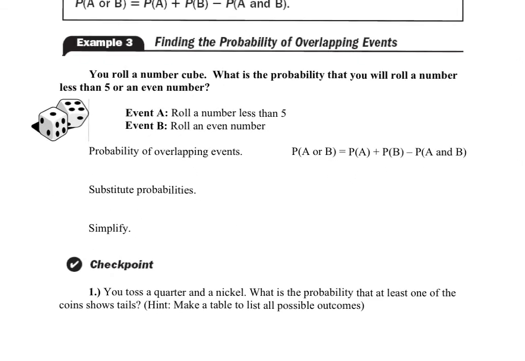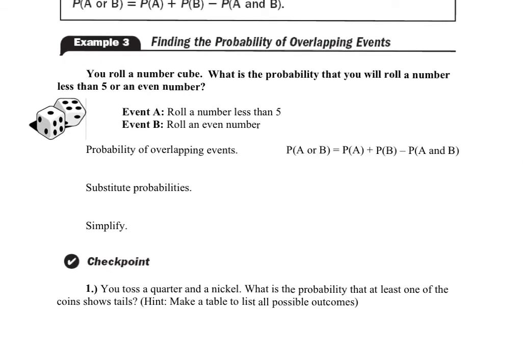All right, well, we know that these events overlap because there are a couple even numbers that are less than 5. So there are events that fall into both of these categories. Okay, so here's my label, probability of less than 5 or even.